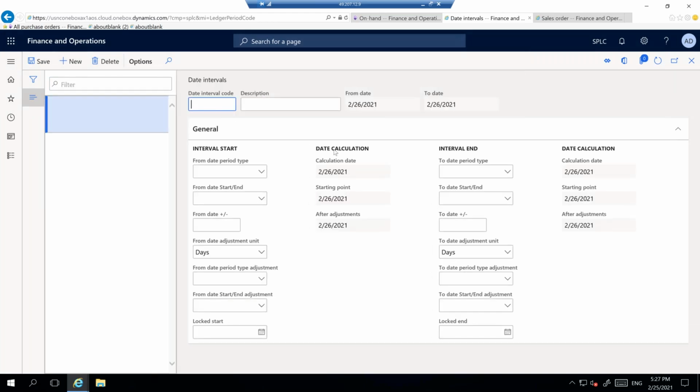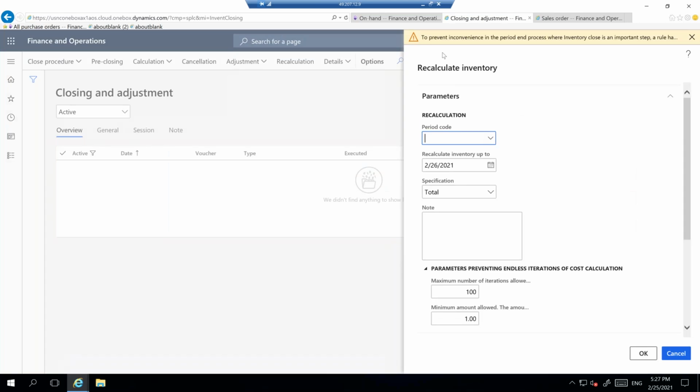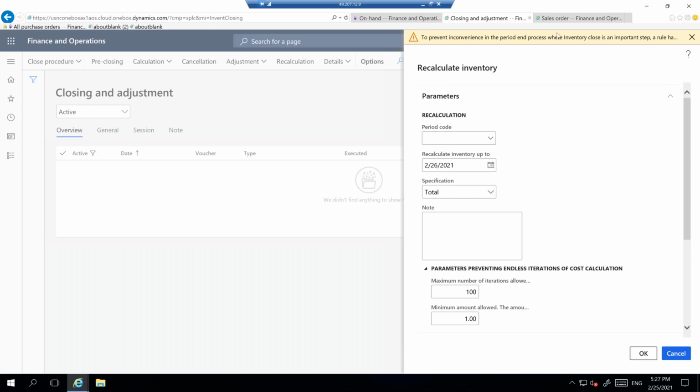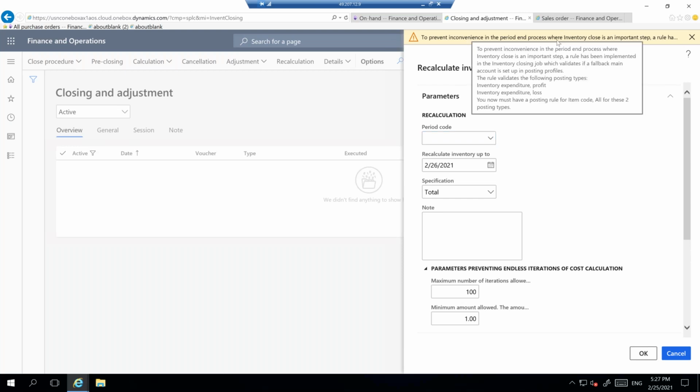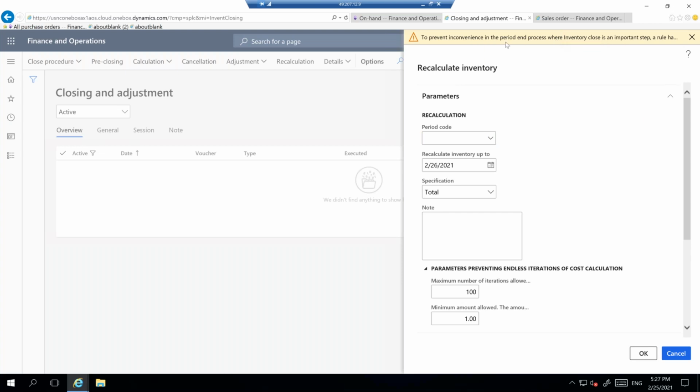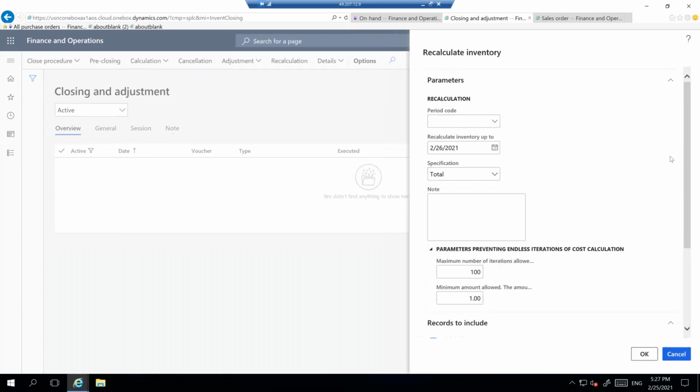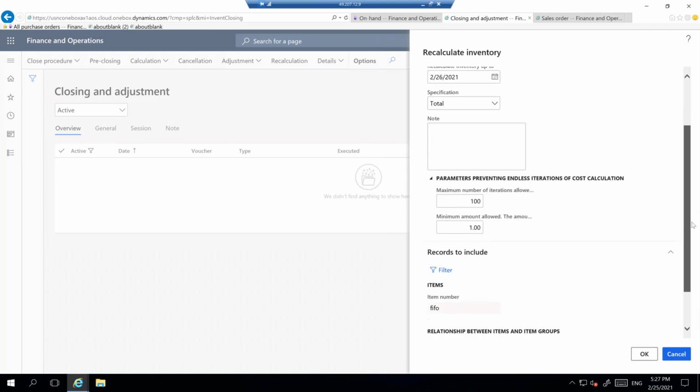This is not required. To prevent the inconvenience in the period and process like closing. This is a warning message only.